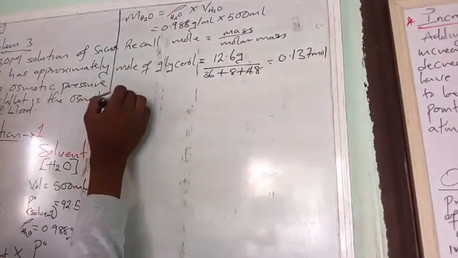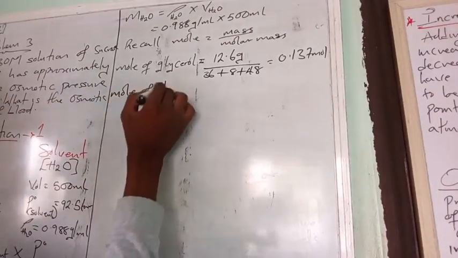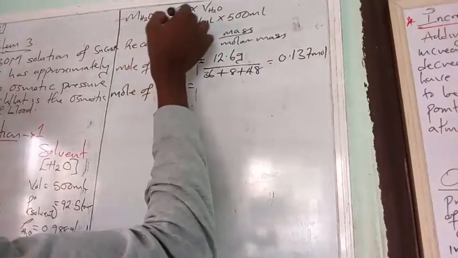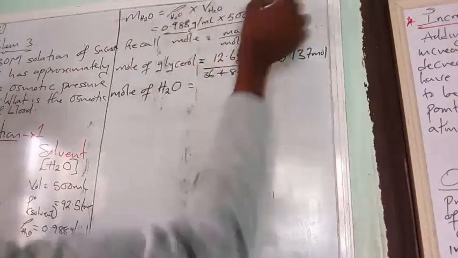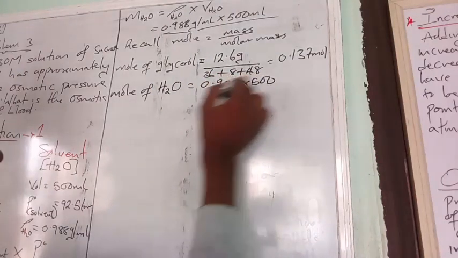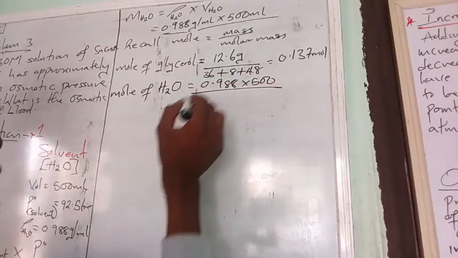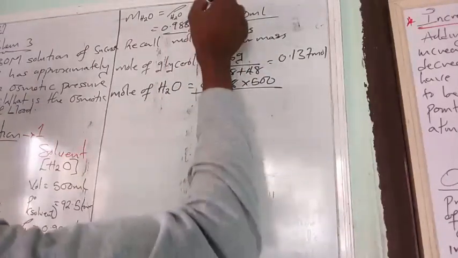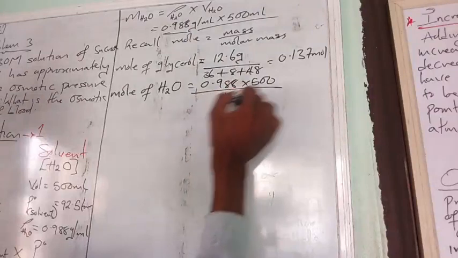What about the mole of water? We got the mass of water as this. This is the mass of water, 0.988 times 500, divided by the molar mass of water. You know, mass over molar mass. The molar mass of water, H2O, is 2 plus 16, 18.